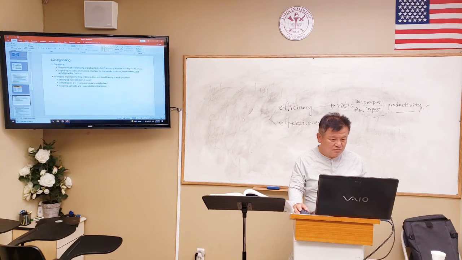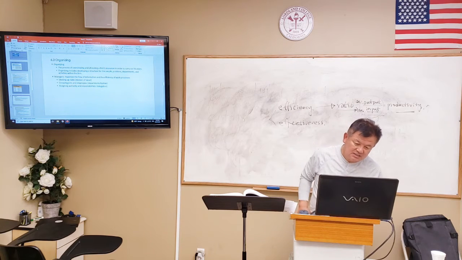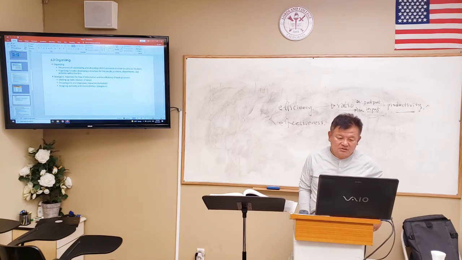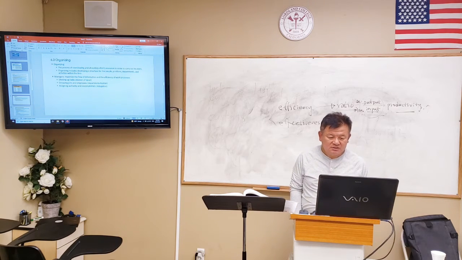Let's move to the second function, organizing. Organizing means the process of coordinating and allocating a firm's resources in order to carry out the plan. Organizing includes developing a structure for the people, positions, departments, and activities within the firm.